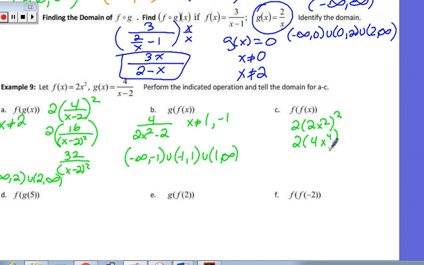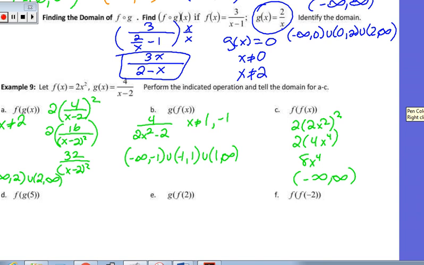And then multiplying that 2 through, we get 8x to the 4th power. If I look at f of x to begin with, that was our original function. There's no domain restriction there. When I look at the composite, again, we have no denominators, we have no radicals, so no domain restrictions happening, and our domain becomes -infinity to positive infinity.